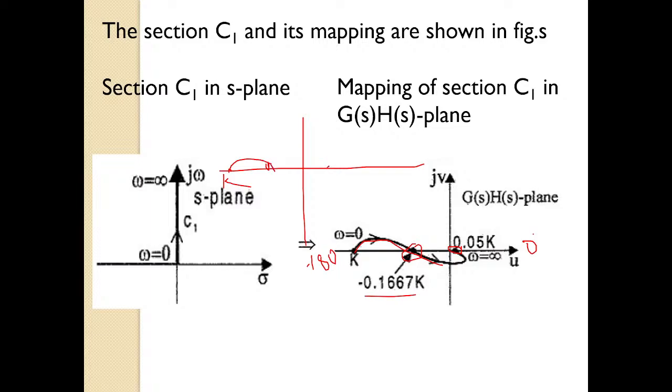Locate some point, we don't have a scale here, and mention it as 0.05 K. From this third quadrant, passing through the imaginary axis, end your plot here, and mention the arrow marks.